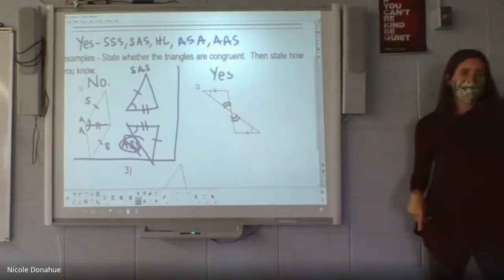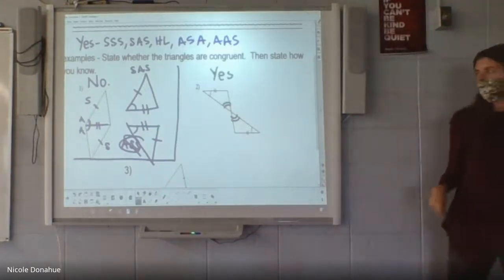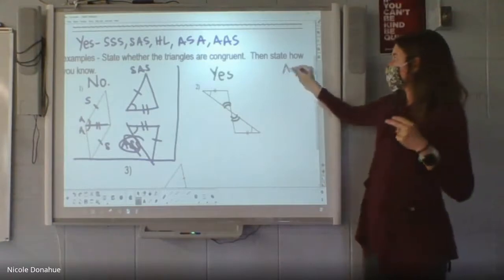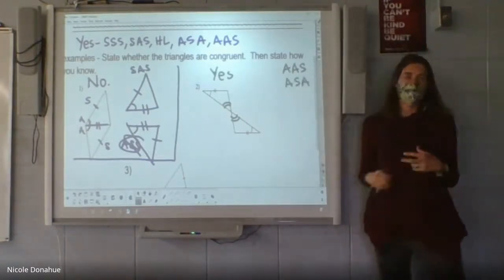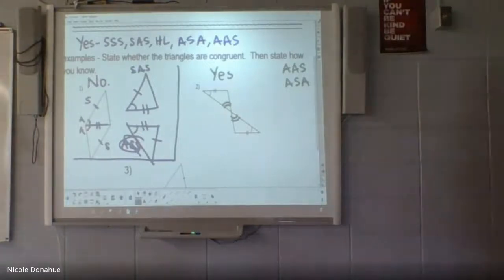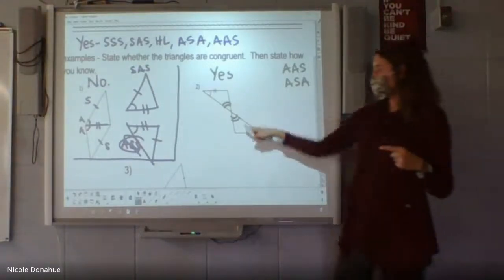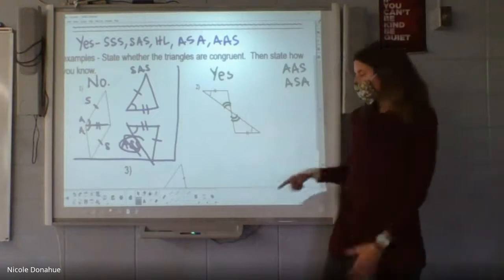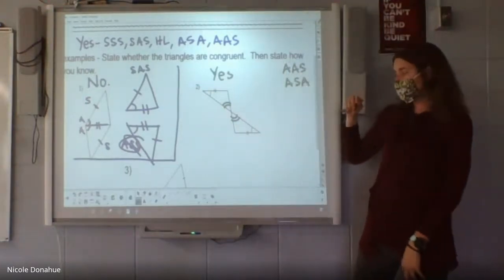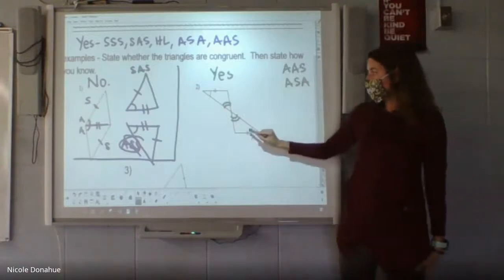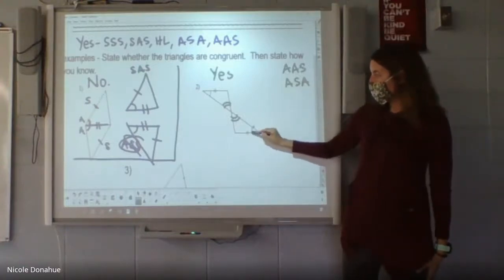So we have two angles. Do you guys agree with that, two angles? So we're either using angle side or angle side angle. So we shouldn't have something that has two S's because we only have two angles and the side. Now we have to decide, is it the included angle or the non-included angle? So we have two angles here.